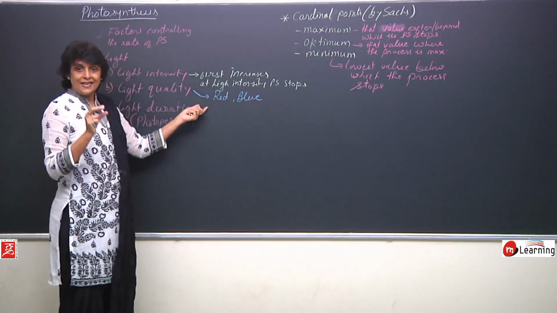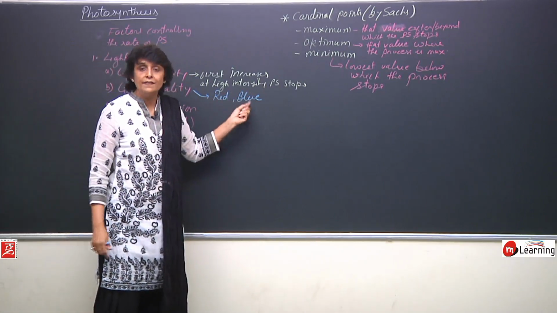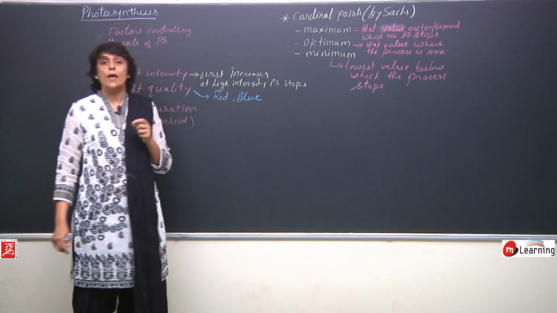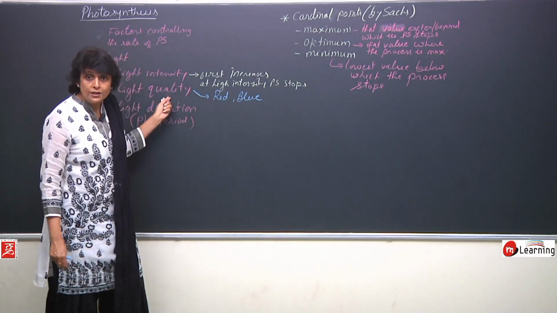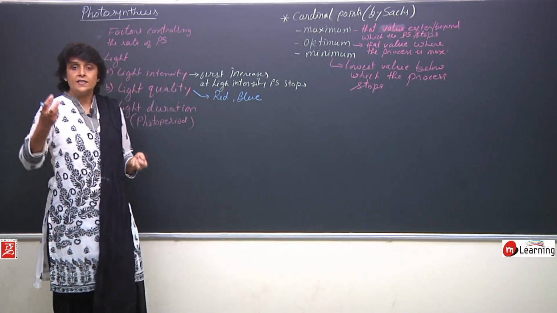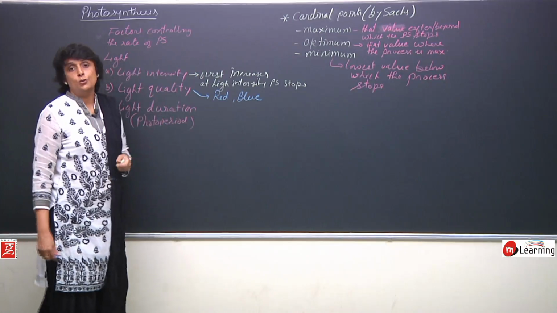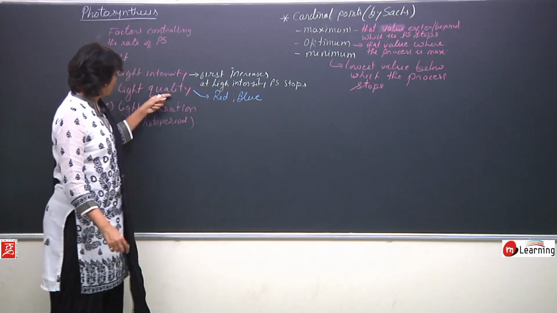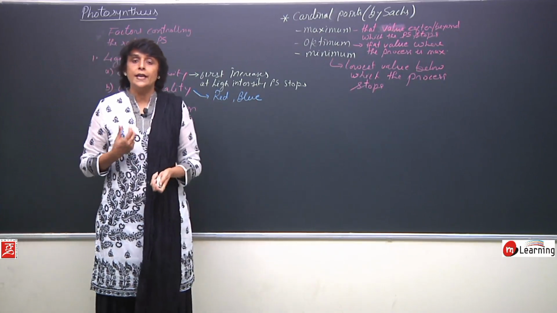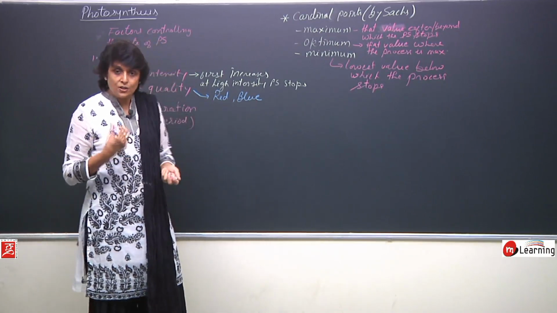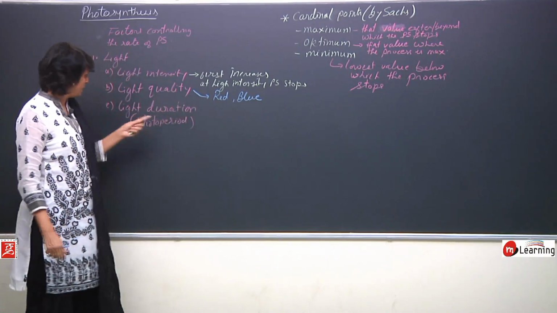So in red light and blue light, or red wavelength and blue wavelength, maximum photosynthesis occurs. Here we are talking about the quality. Intensity is the quantity. In quality, the plants which are deep underwater can absorb even green light, so they can perform photosynthesis in green wavelength also.